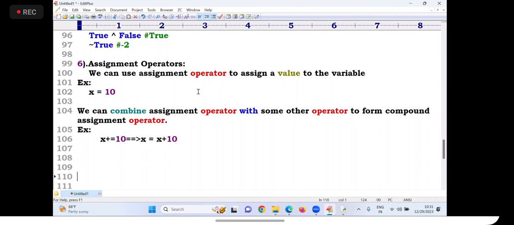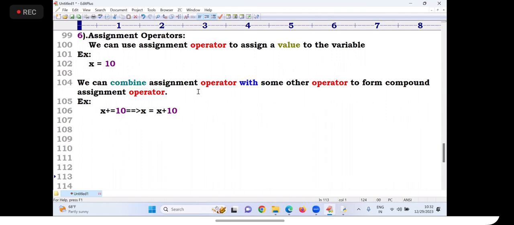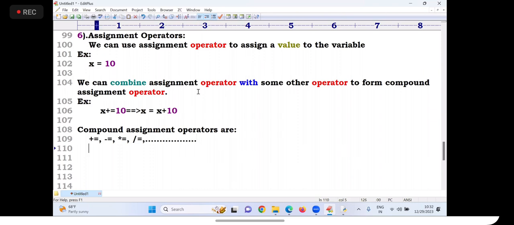Both are the same. You can give x plus equal to 10 or x equal to x plus 10. Any arithmetic symbol combined with equal to is called a compound assignment operator: plus equal to, minus equal to, star equal to, slash equal to, any symbol.